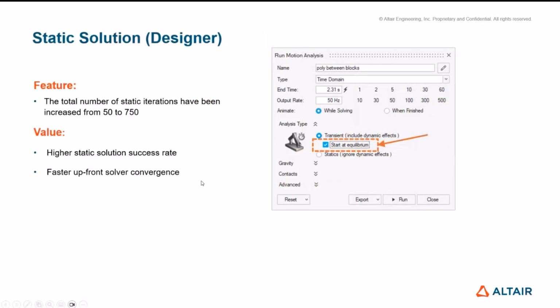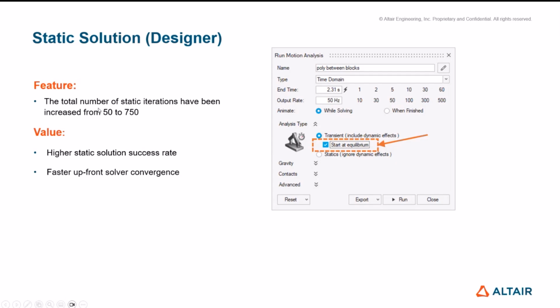In traditional Inspire, that's why I said Designer here, we've improved the iterations for static equilibrium. This wasn't the case in the past. This was lowered for easier simulations. And I think early when Inspire was developed, it didn't have the complexity that it does today. And so a lot of these problems were suitable.